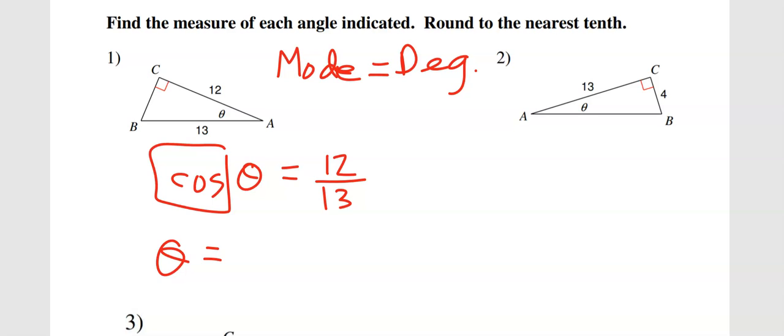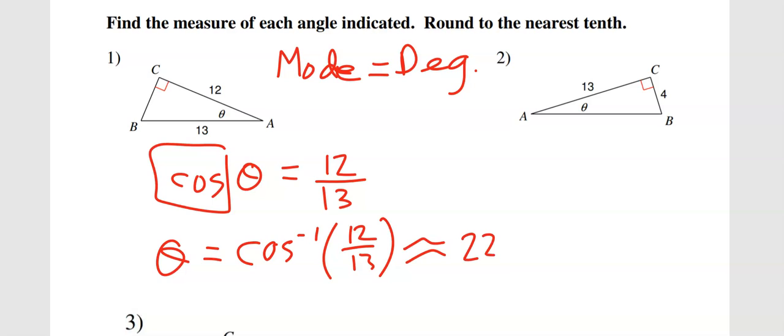Sure enough, they were. So, cosine inverse of 12/13. And what'd you get? 22.6 degrees. Good enough.